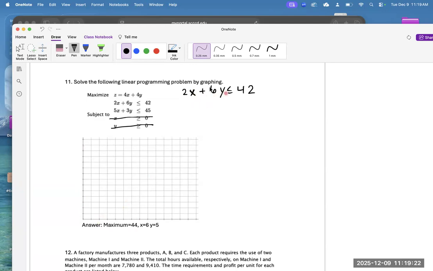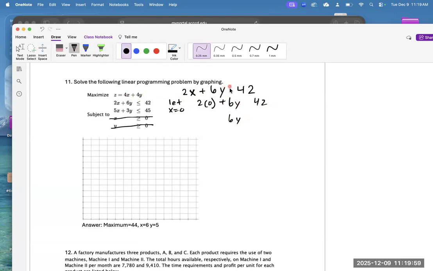So to find the y-intercept, you let x be 0. If I let x be 0 here, then it's 2 times 0 plus 6y is less than or equal to 32. Then 6y is, and I'm not really worried about less than or equal to because I'm looking for a particular point on this line.